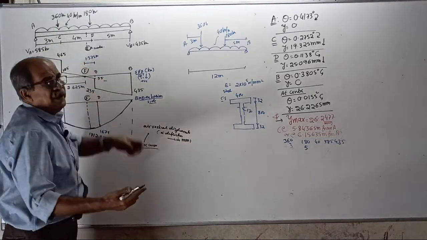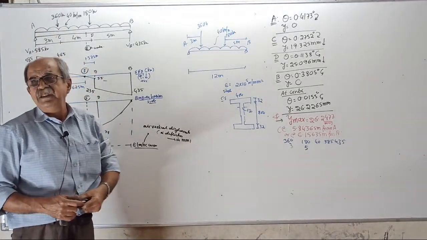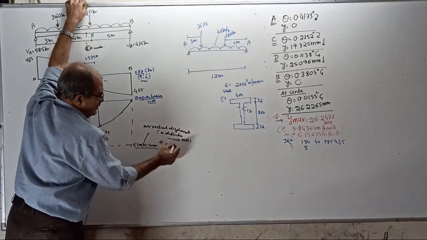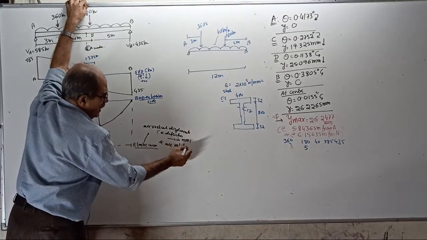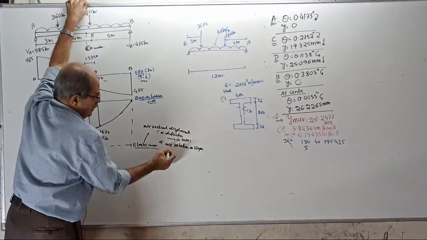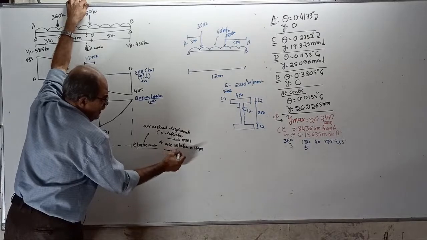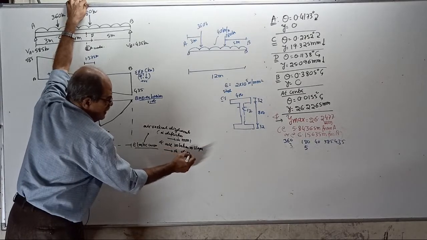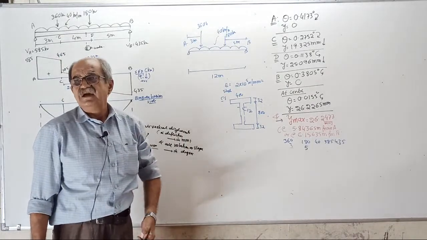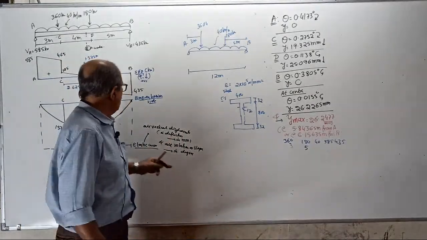Software may give it in meter or millimeter. If it is meter, convert it. And all rotation or slope here will be in degrees. But software will not give degrees, it will give radians. You convert it. I wrote in degrees.